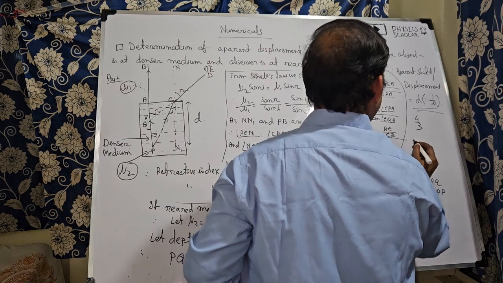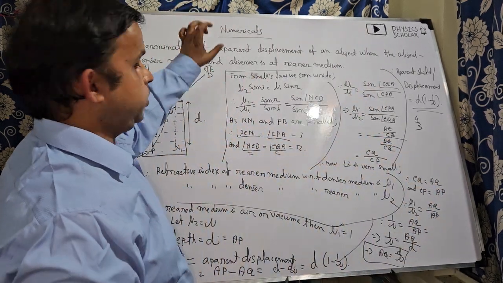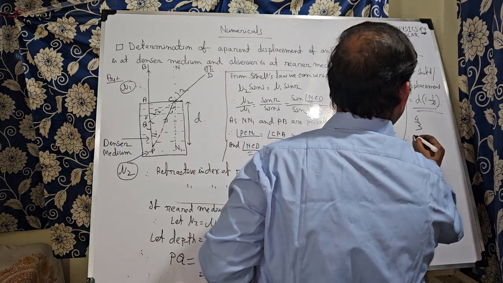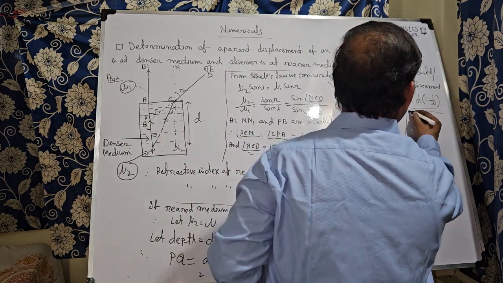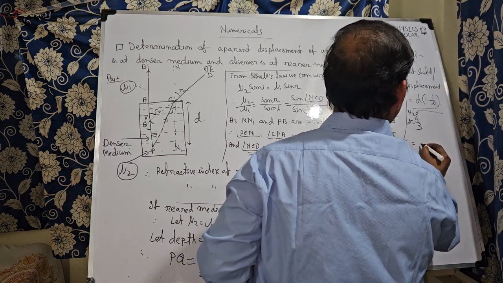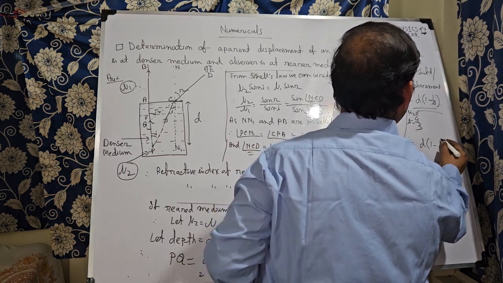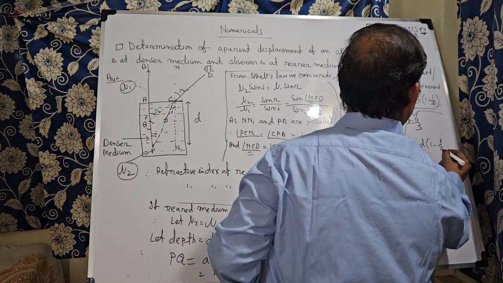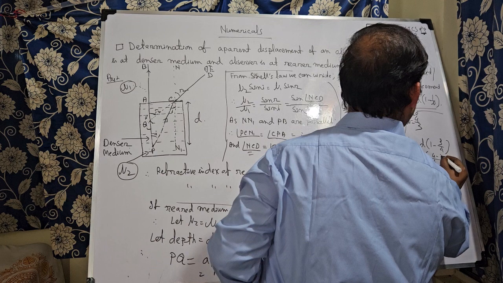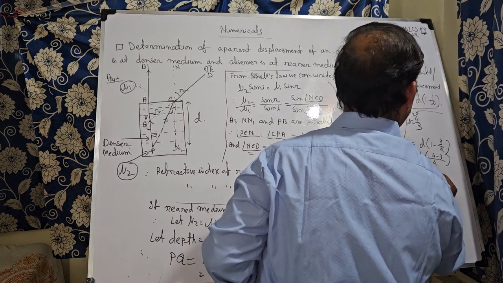Suppose you are watching from the air medium, what will be the displacement in case of water? Mu is equal to 4 by 3, so displacement will be d into 1 minus 3 by 4, so d into 4 minus 3 over 4, which is d by 4.